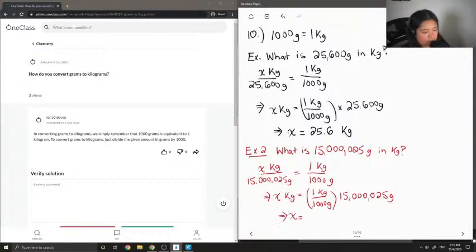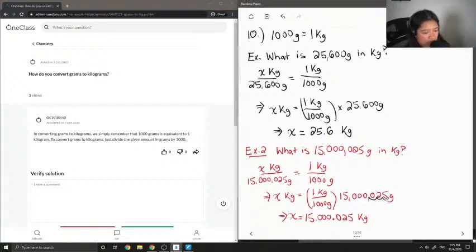So basically, you can also picture your decimal moving 3 spaces to the left. So like 1, 2, 3. And then you end up with 15,000.025 kilograms.